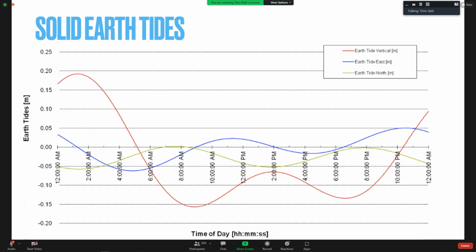So again, if we are looking for absolute positioning, and if we are trying to reach accuracies better than decimeter, centimeter level, we have to correct for that, okay? Now again, the solid earth tides, you can download the information and you know the time when the images have been acquired. So you can correct for it. Again, it's more a problem of being aware of it.